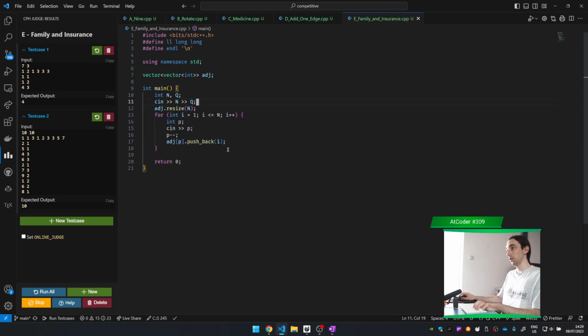So this is just creating the tree, and then there are Q insurances.